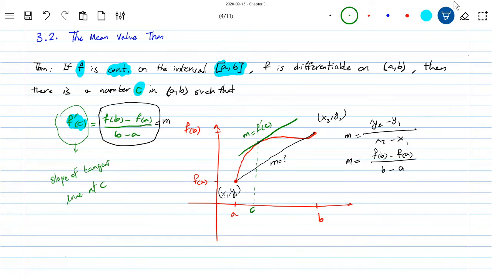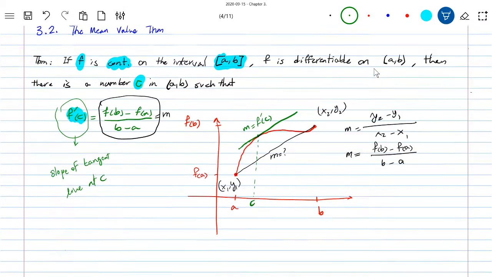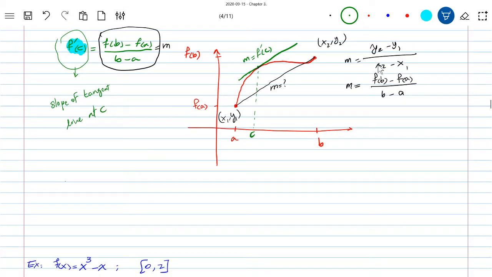You may say, what is the use of this? This is used, for example, if the endpoint values are equal to each other. Say you have a point A and a point B, and the endpoint values are equal.